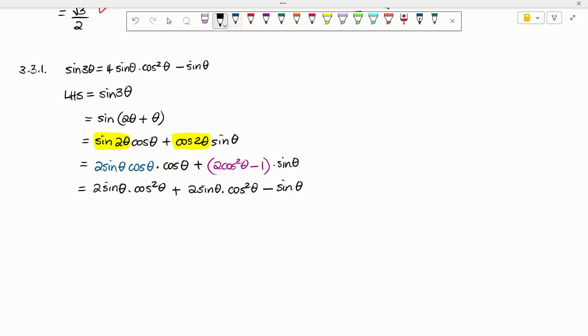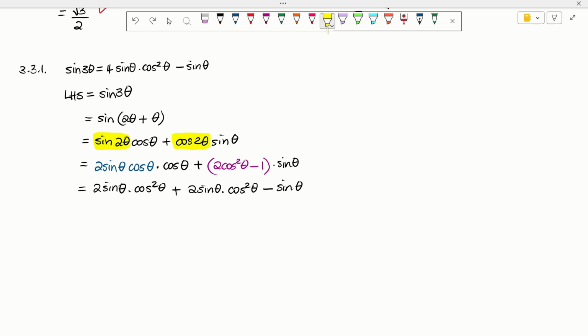Let me know if there's a mistake or if there's something you don't understand about me multiplying this bracket with that. Yes, Mikongelo, you agree with everything, or do you have a question? No, I agree. All right, that's good.